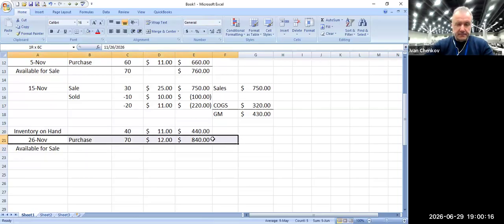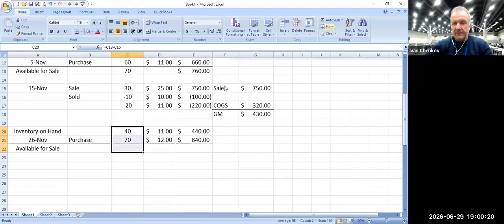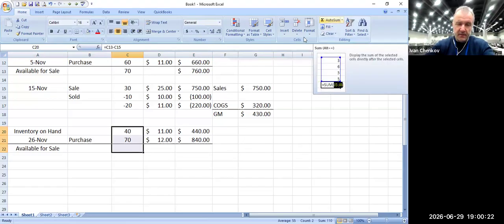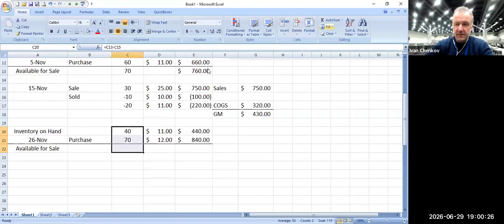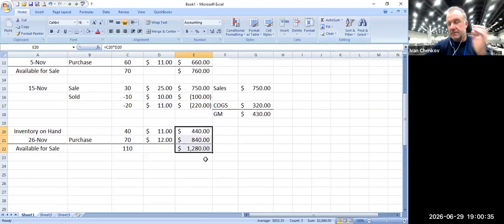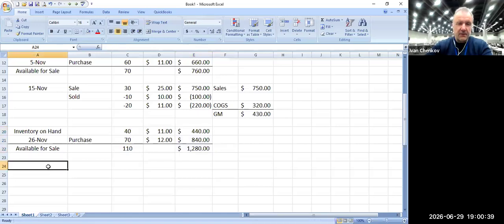Let's see how many we have. Now we have 40 left from the purchase on the 5th and another 70 from the last purchase, so we have 110 units. A total cost of $1,280.